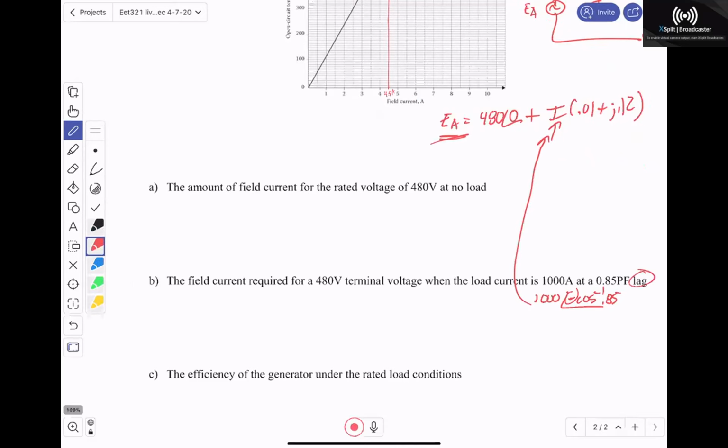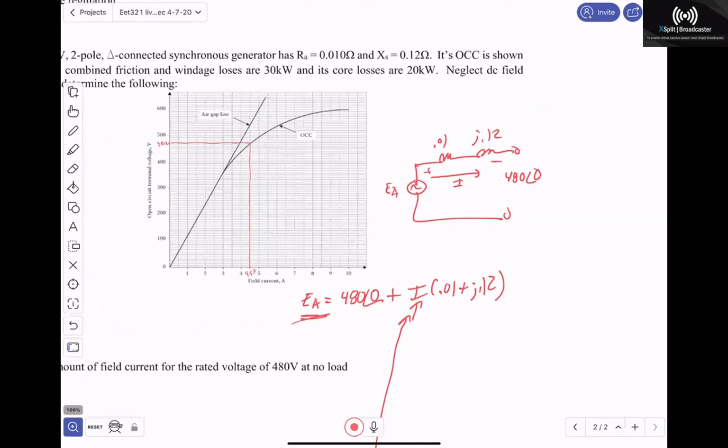I have a question. Sure. Because it's delta, do we divide the current by the square root of 3? Well, you could. It just depends on what you're measuring or monitoring.